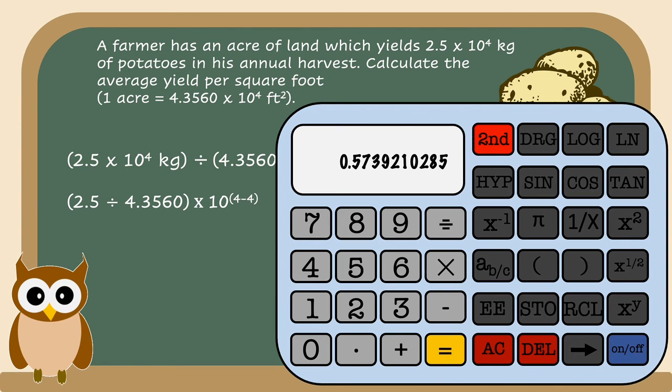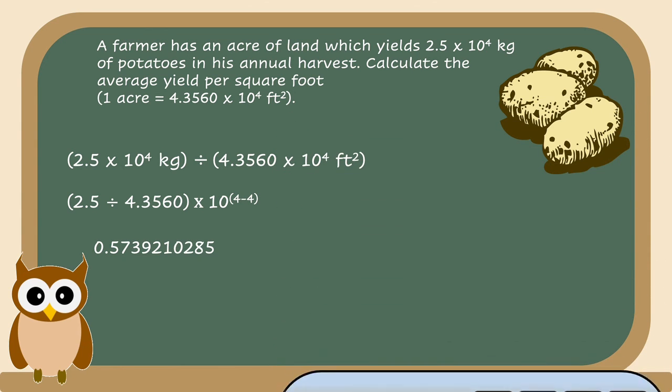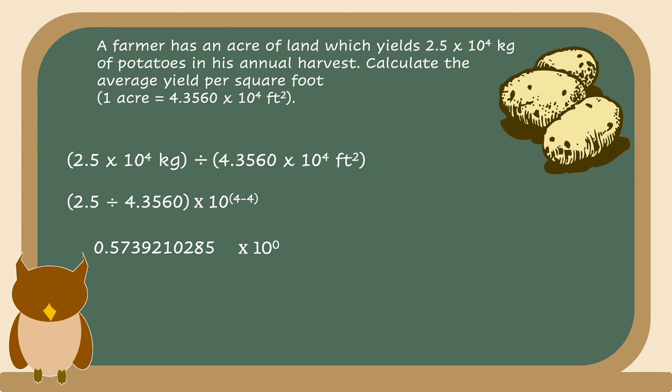So let's make a note of that number. So now we can resolve for the exponents, which cancel out, giving us 0.5739210285 times 10 to the power of 0.